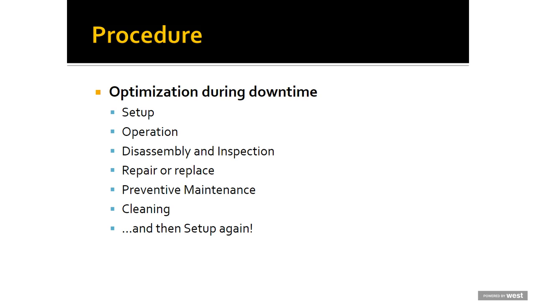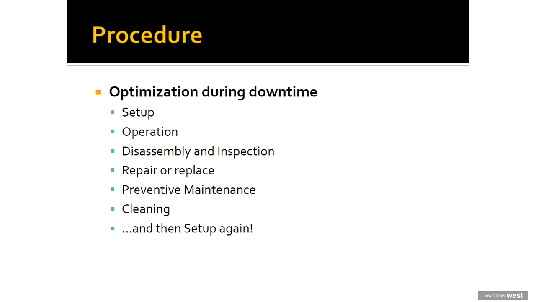And when we're done operating and we've cleared the room of product and we're about to really take the machine apart, there's 3 things that go on here: the disassembly and inspection, the repair or the replacement of parts, and preventative maintenance. These 3 items set performing companies apart and ahead of somebody who's surviving.